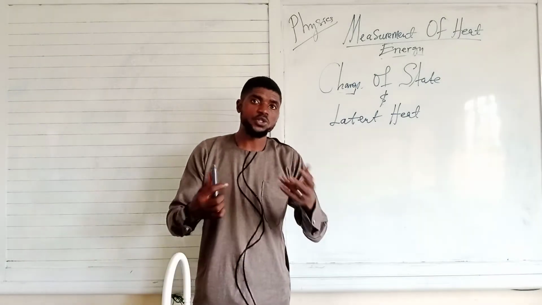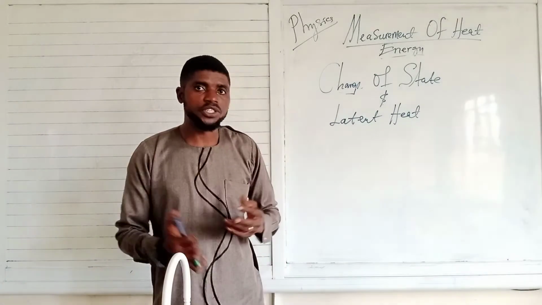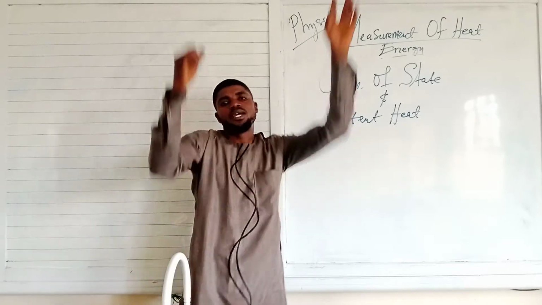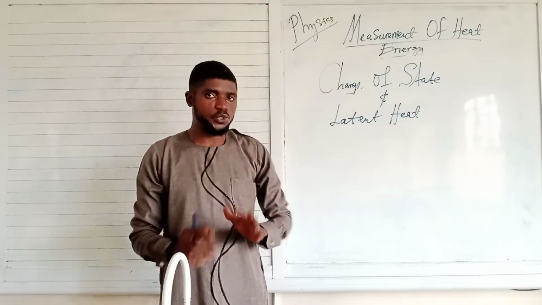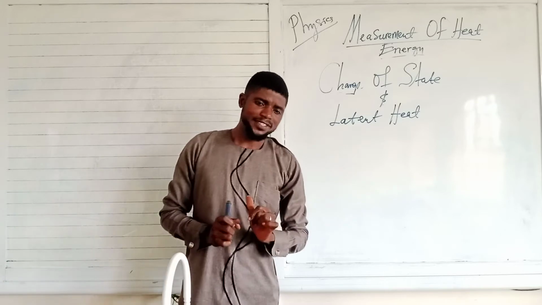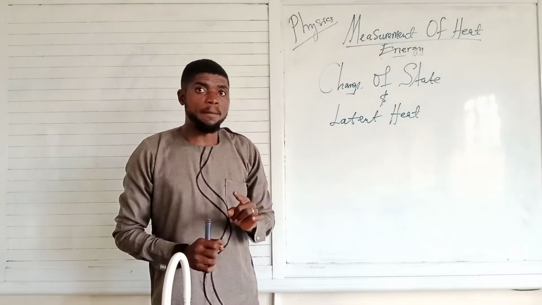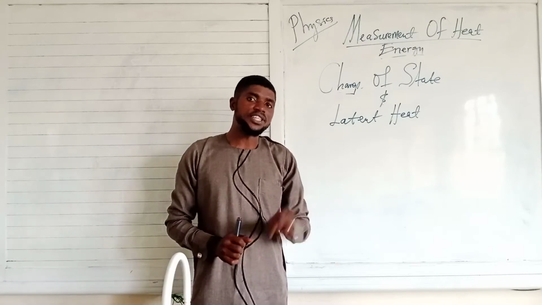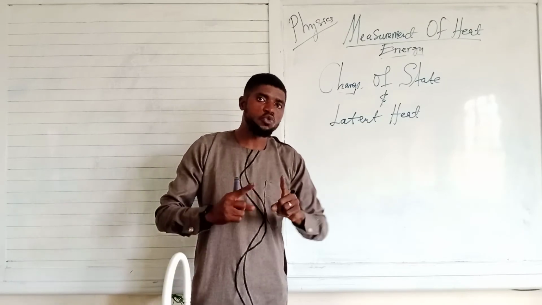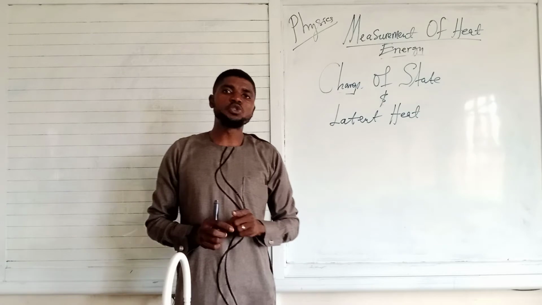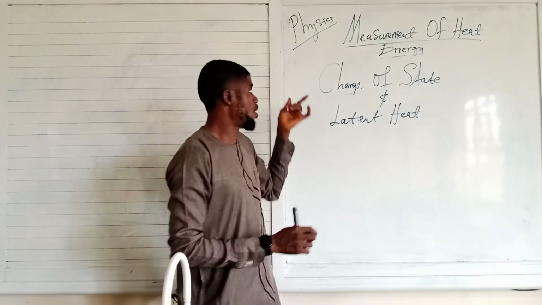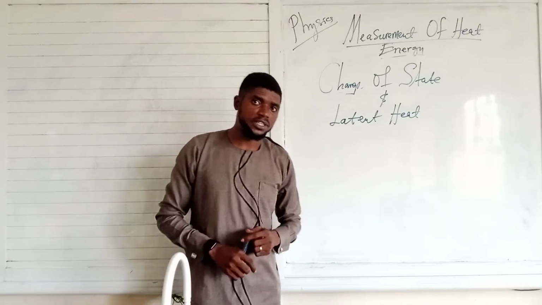By the way, what do you mean by change of states? I define change of state this way. Change of states is a physical process whereby matter changes from one form to another due to the addition or removal of heat energy.